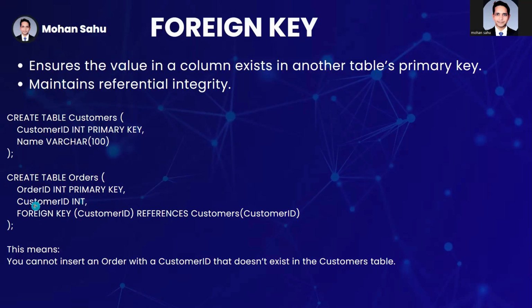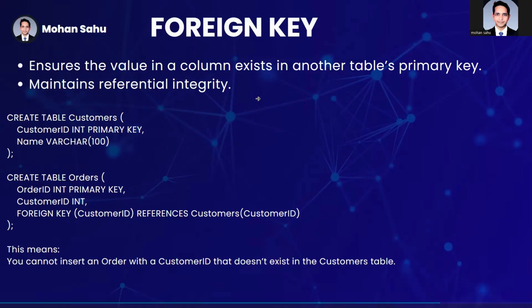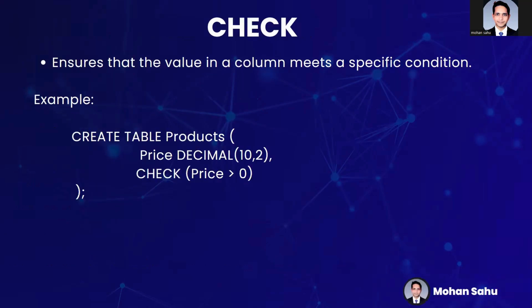This means you cannot insert an order with a customer ID that does not exist in the customers table. So this is about the foreign key. We will understand this more when we do it in SSMS, maybe in the next session.